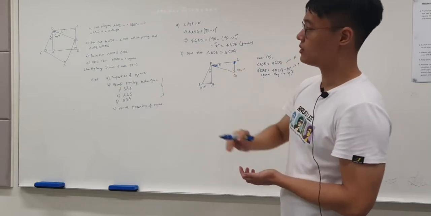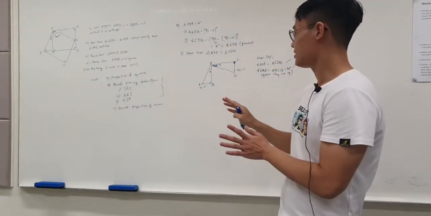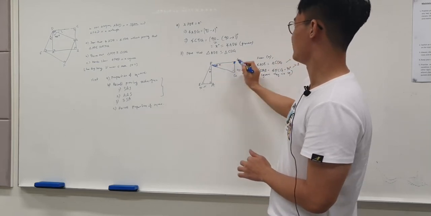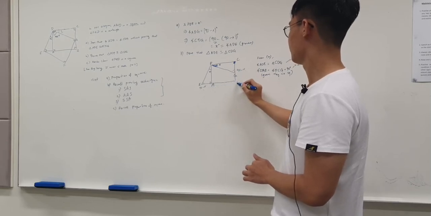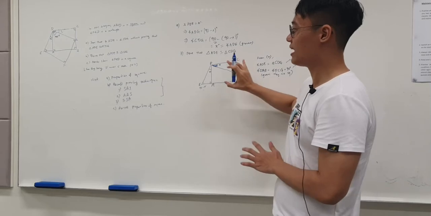Why? Because EFGD is a rectangle, it's not a square. So we need to find a square. The only square that we can find is actually AD and DC. So ABCD is the only square that we can rely on.